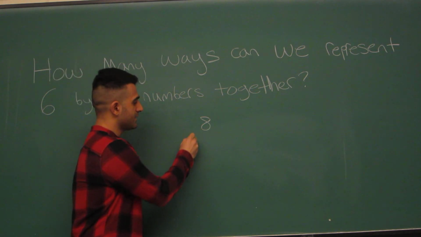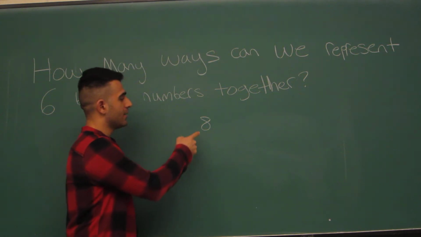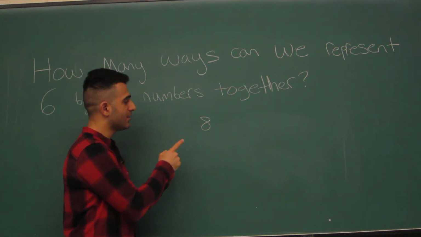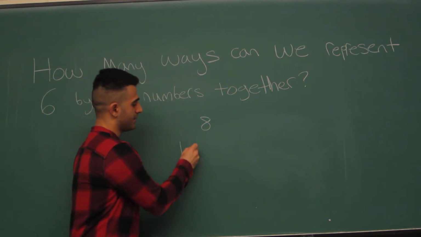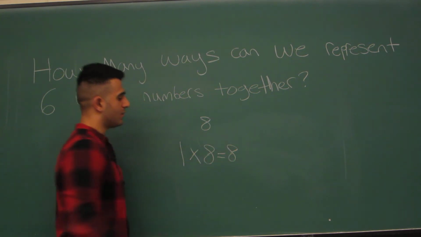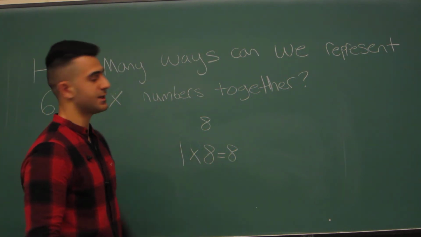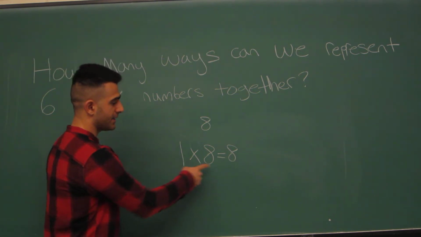So one way of doing this, we know that any number multiplied by 1 will give you that same number. So that means that 1 times 8 is equal to 8. That's one way we can write 8 by multiplying numbers together.